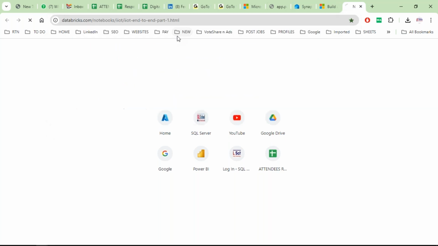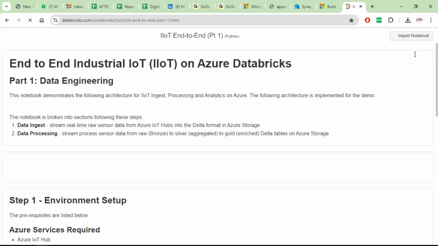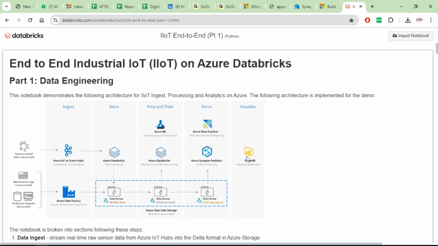I'll take you to this particular website for end-to-end industrial project implementation. Yes, on my screen now. At the end of the day, reporting, Power BI. This is the warehouse. And I said ETL.